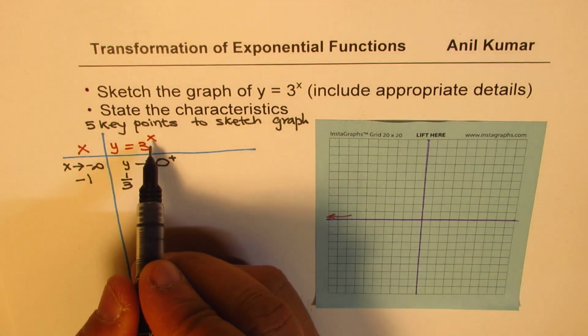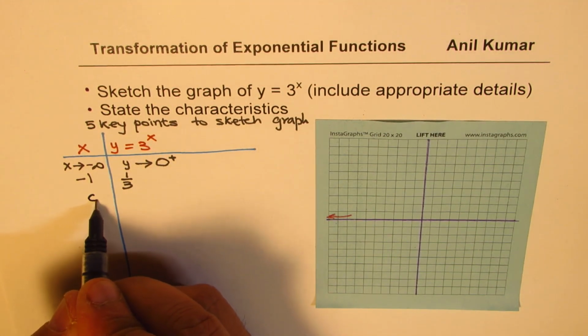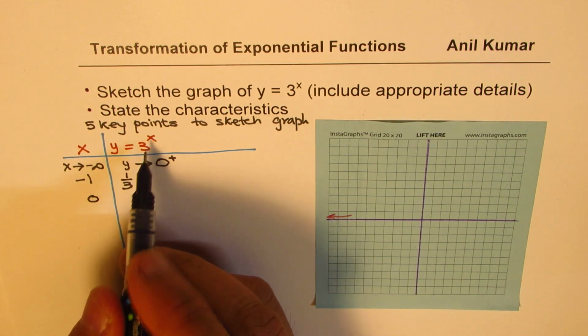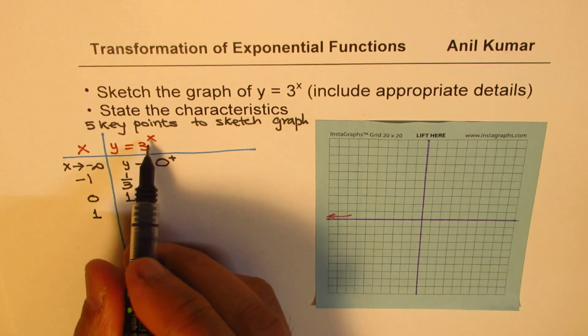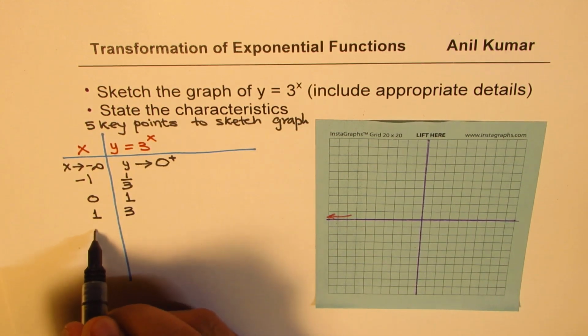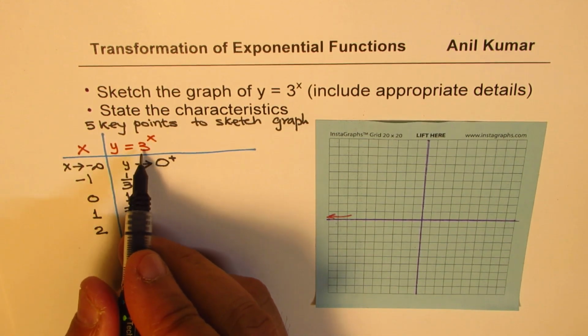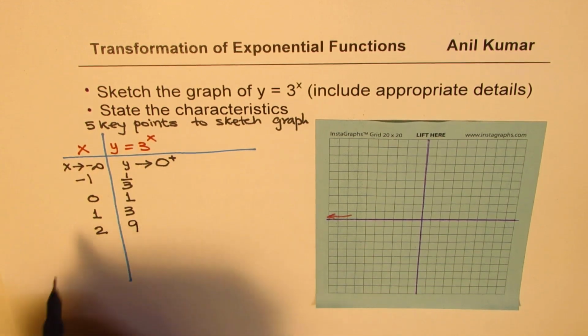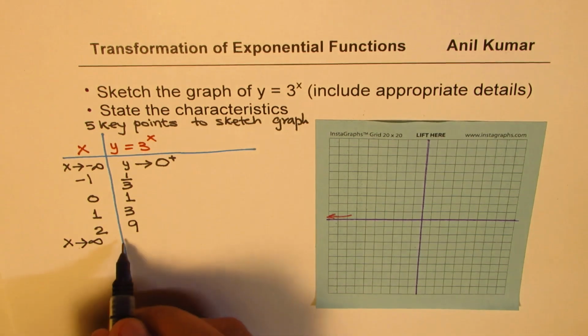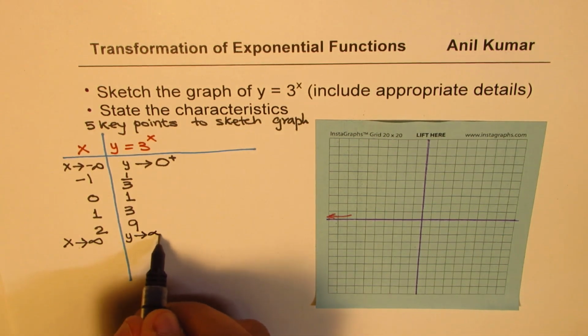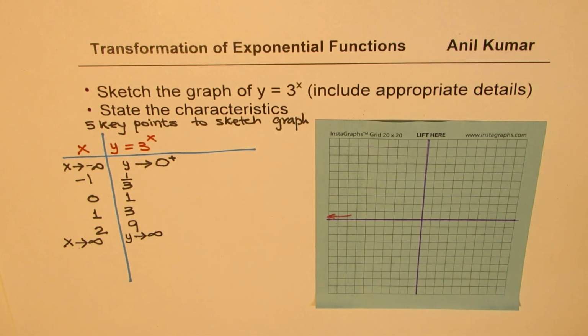Then we can take x as 0. Anything to the power of 0 is always 1. And if I take x as 1, 3 to the power of 1 will give me 3. I could take 2 also. 3 squared is 9. And then we can consider what happens when x approaches positive infinity. In that case, y also approaches positive infinity. So these are your critical points which will help you to sketch a fairly accurate graph.